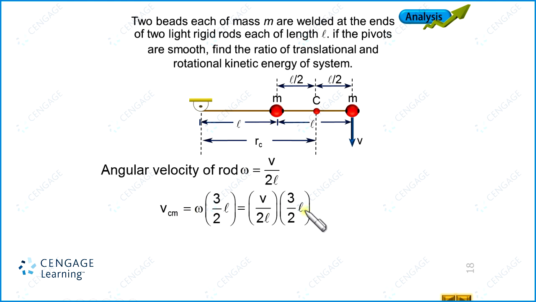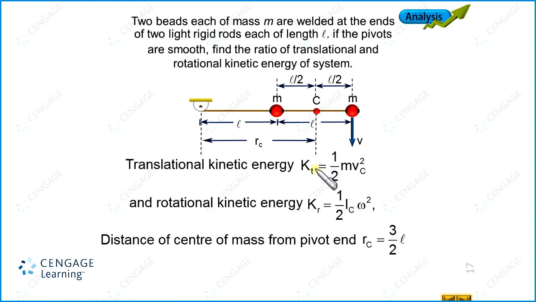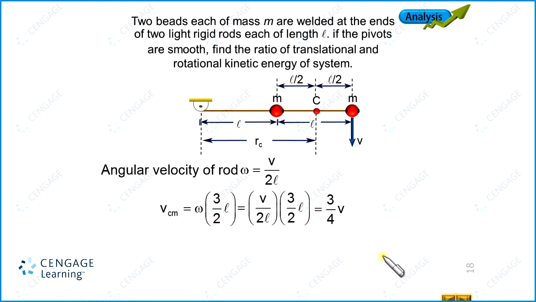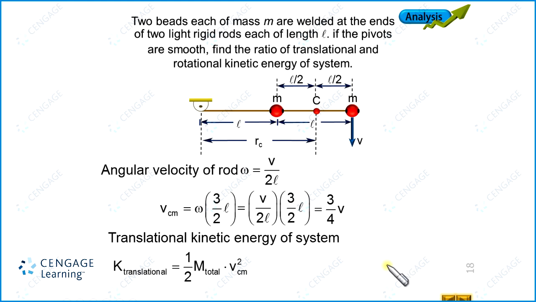So Vcm should be equal to 3 by 4 V. Now we can substitute this in the formula half M Vc square, where M is the total mass, 2m. So the translational kinetic energy is half times 2m times 3 by 4 V whole square, which after calculation is equal to 9 by 16 mv square.